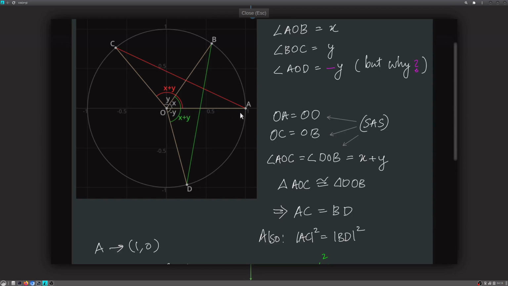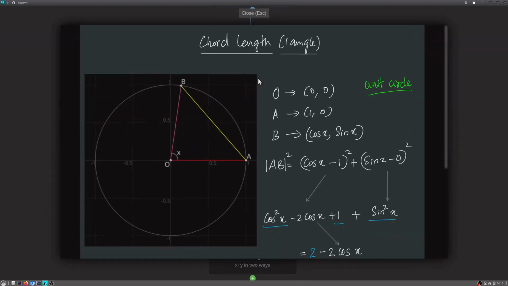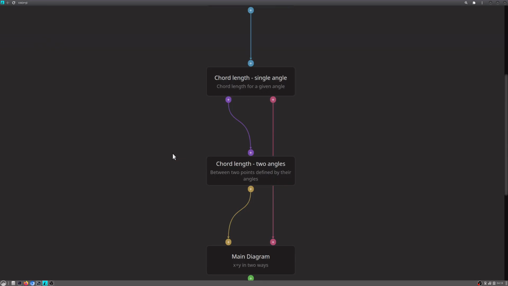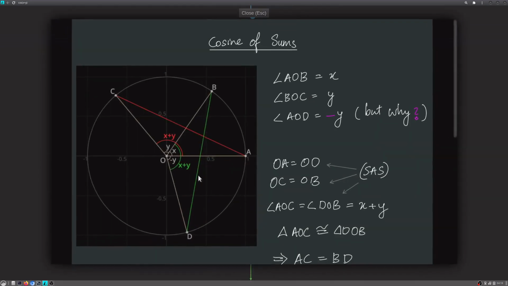Now this AC, this point is (1, 0), and this triangle is similar to the case that we saw before. Here there was only a single angle. Here it was X, but in the case of the main diagram it is X plus Y. So these red ones correspond to the single angle case.